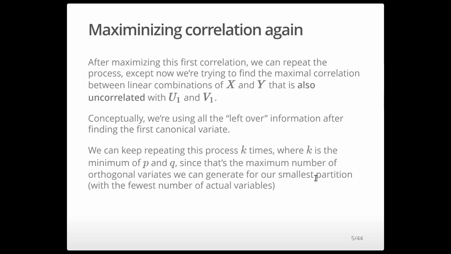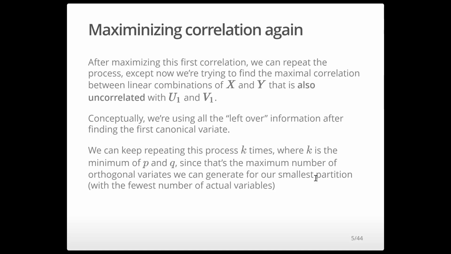After maximizing the first correlation, we can repeat this process, except now we're trying to find the maximal correlation between linear combinations of x and y that is also uncorrelated with u1 and v1. Essentially, what we're saying is that we're using all the leftover information after finding the first canonical variate to find another canonical variate.